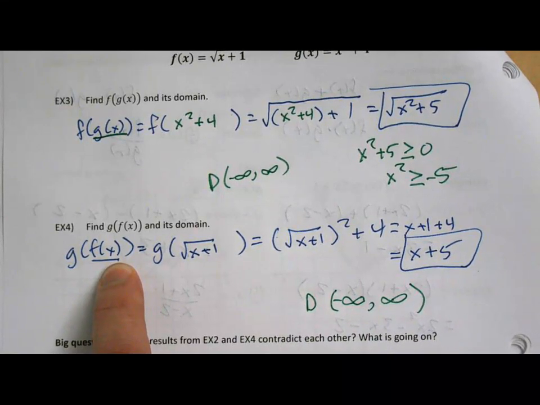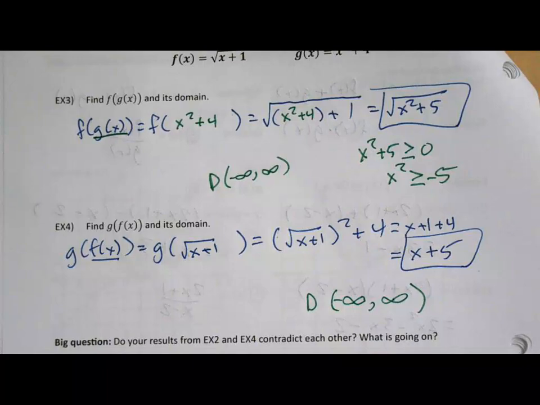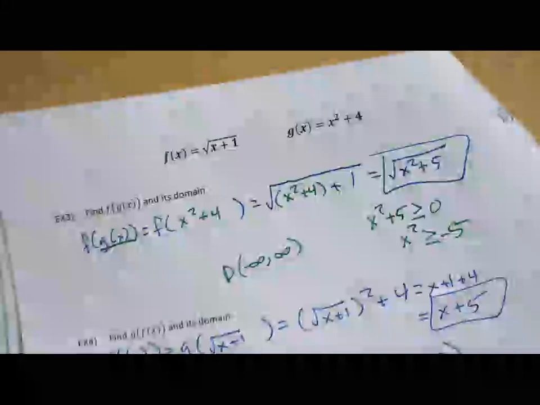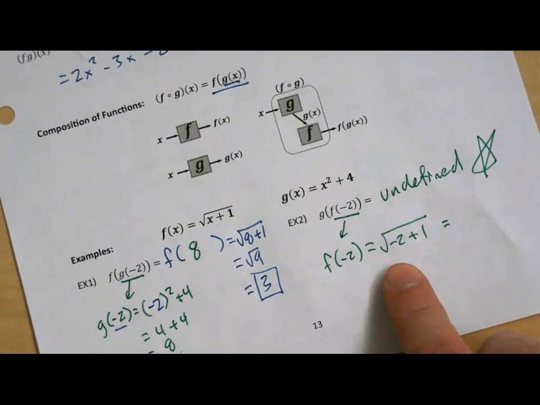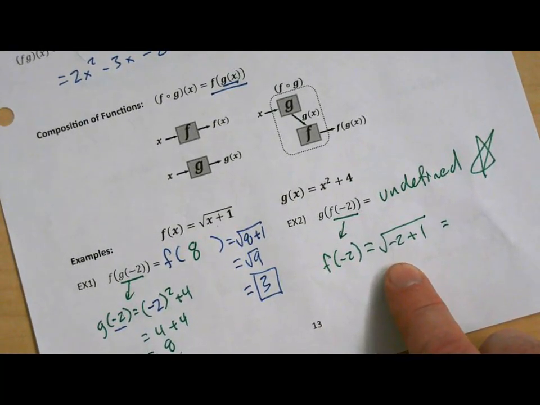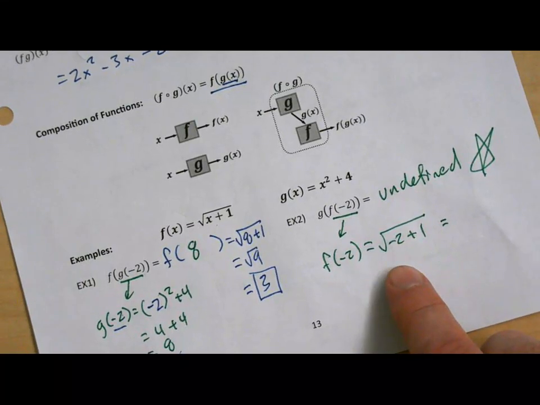Okay, but that contradicts what we got in number 2, because in number 2, weren't we dealing with g of f of x? And we put a number into it, but we did not get an answer out. Now, I'm confident that what we did here was correct, which means there must be an issue with our domain.